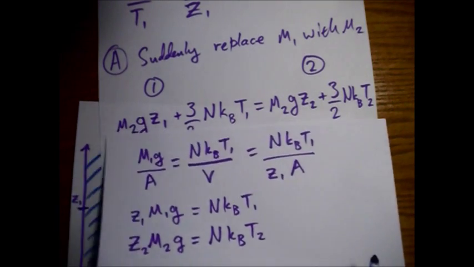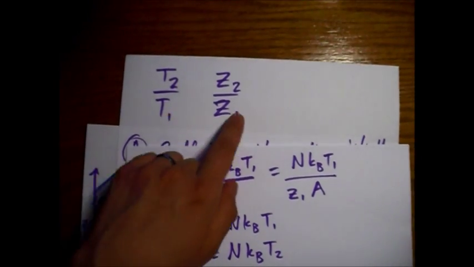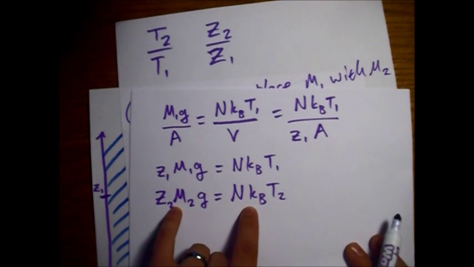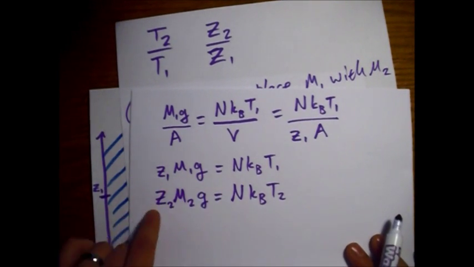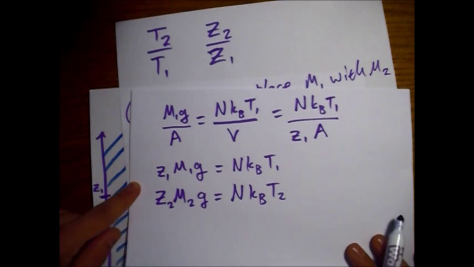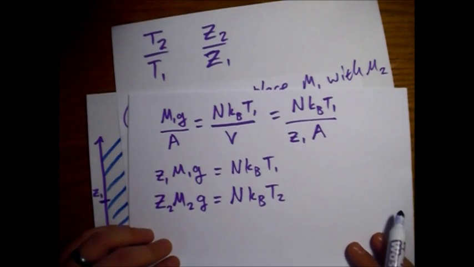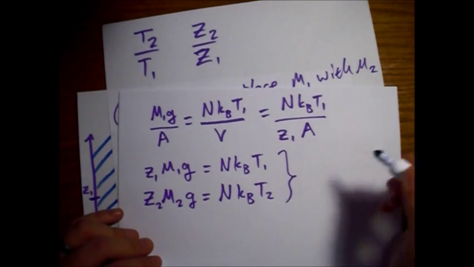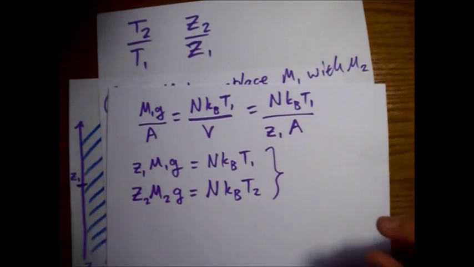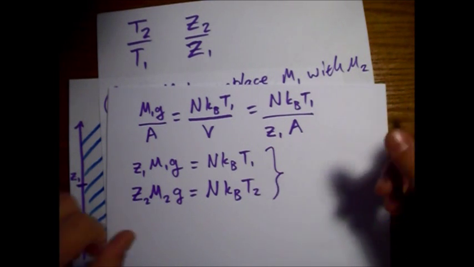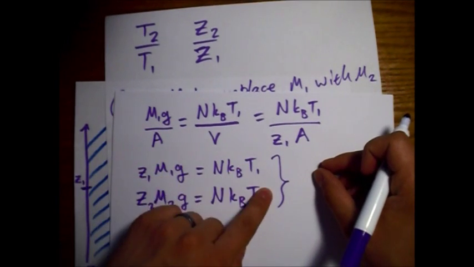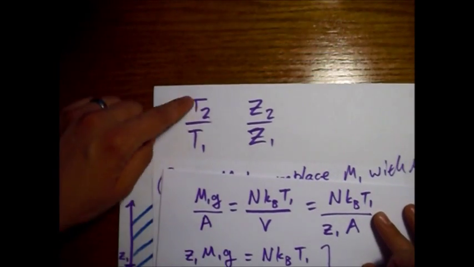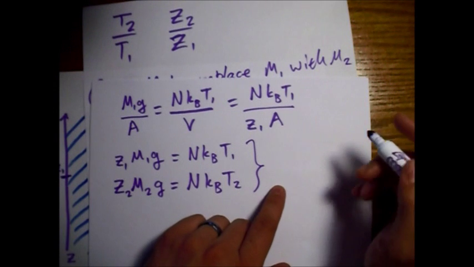Well, our original goal was to find these two ratios. One thing we could do is divide these two equations, and that will give us one in terms of the other. Since we're shooting for 2 over 1, I will just flip it.